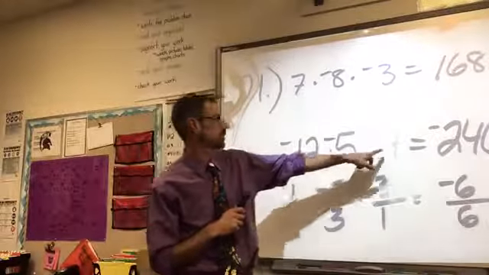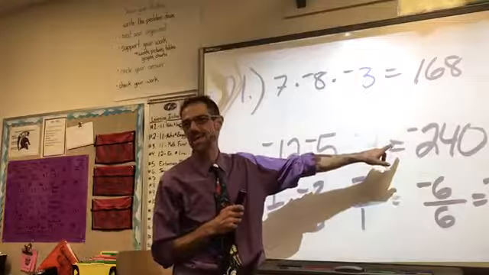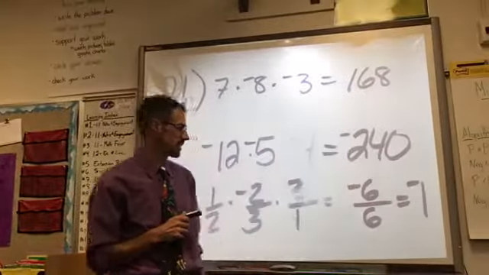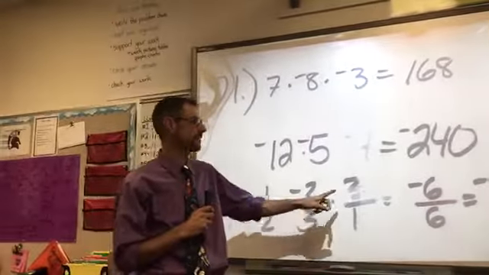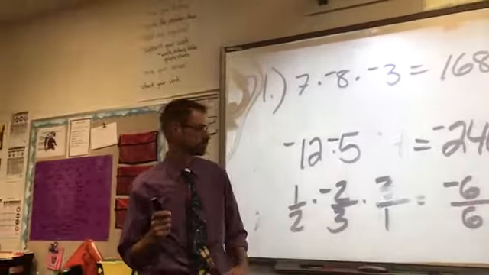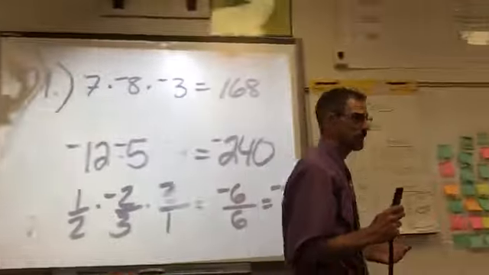Here we have 1, 2, 3 negative factors. That's going to make a negative answer, 240. Here I have 1 negative factor, so I get a negative answer. And I'm multiplying straight across. So that was the easy part of D.